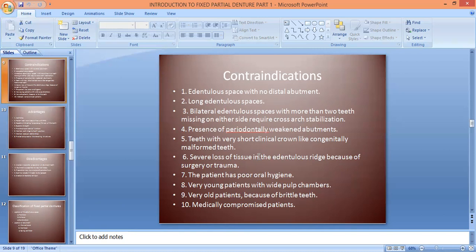In young patients who require preparation for a PFM or full ceramic crown, you need to reduce more tooth structure, and by doing so there are high chances that the pulp gets exposed. In very old patients also we don't indicate FPD because the tooth will be brittle, and in medically compromised patients because the periodontium will not be healthy.